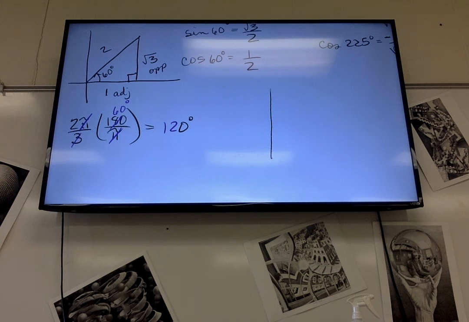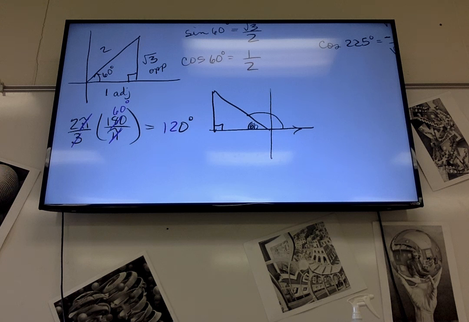So 120 is in the second quadrant. What's its reference angle? 60.